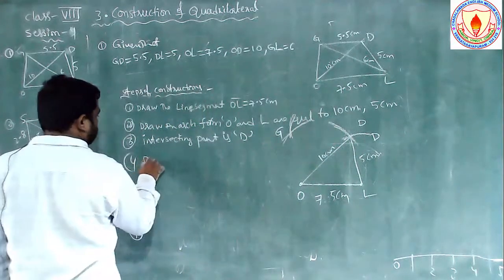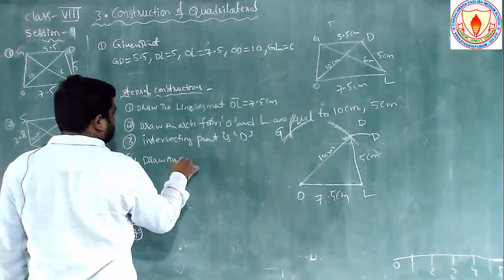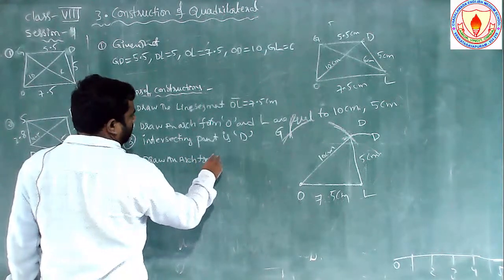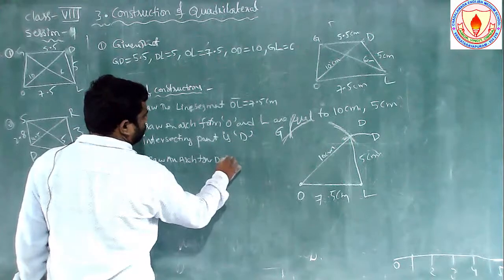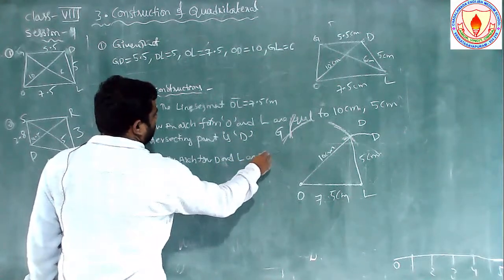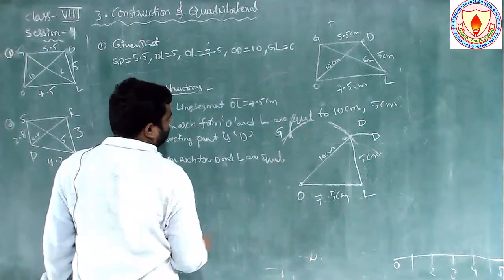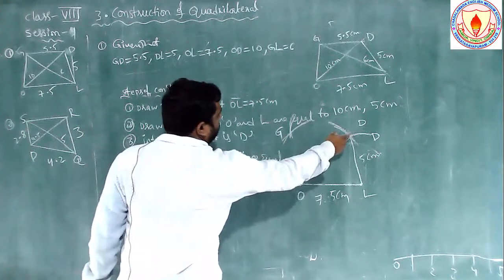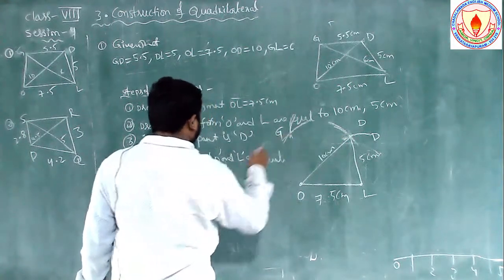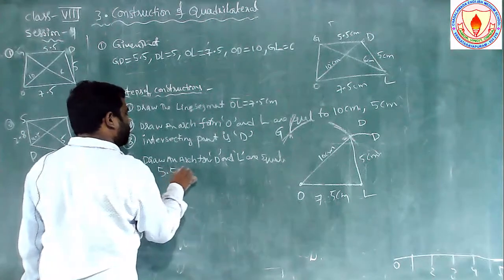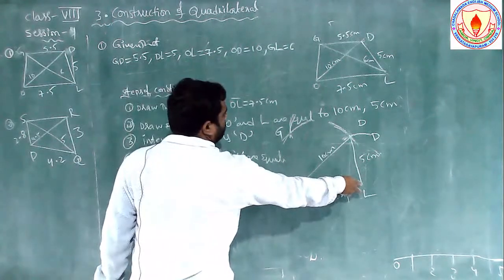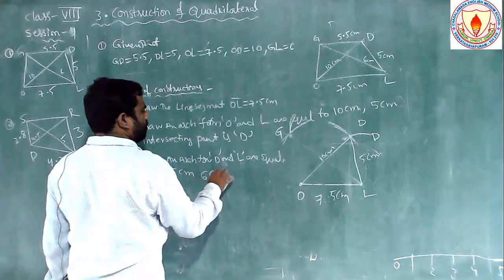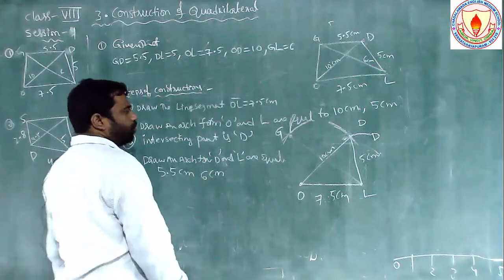So write that as the fourth point: draw an arc from D and L. From D 5.5 centimeters, from L 6 centimeters. That is the fourth point.